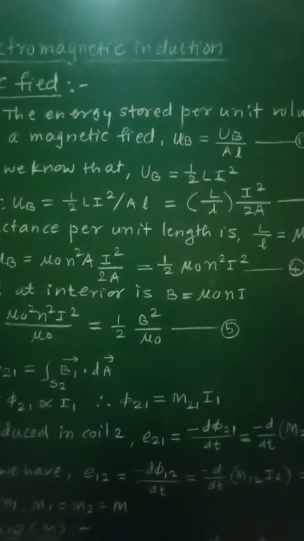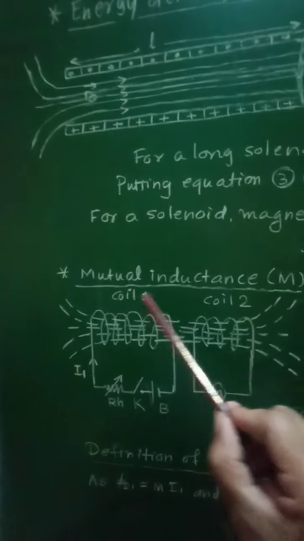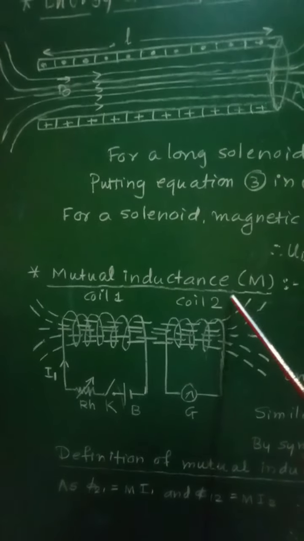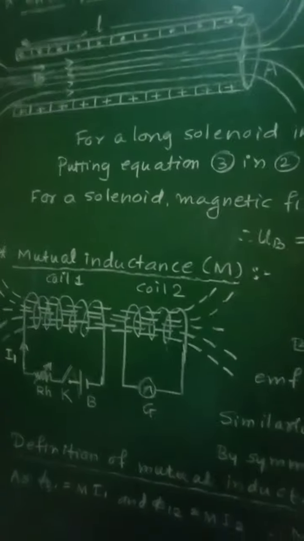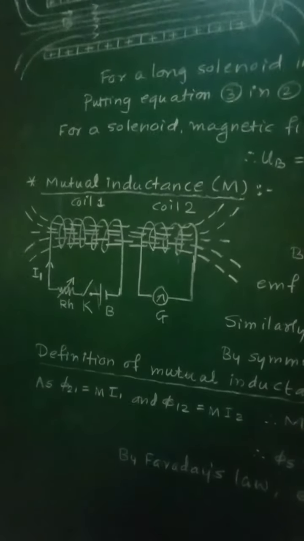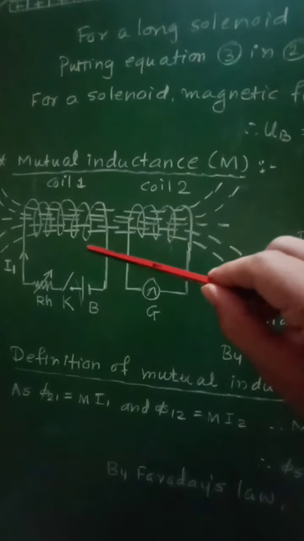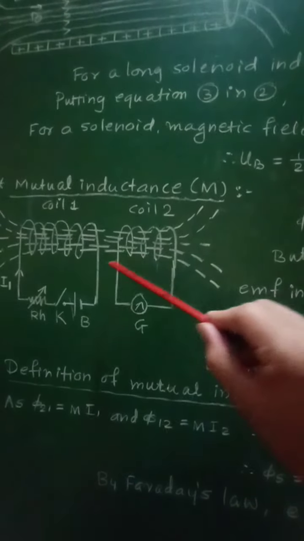Now let us see the next point, that is mutual inductance denoted by capital M. Mutual inductance capital M, that we will have to find out. So for that purpose, let us consider these two coils placed side by side.